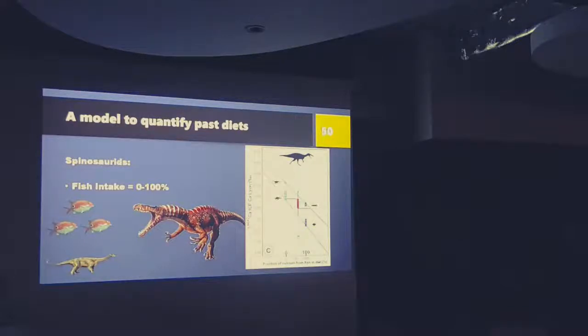When you have an isotopic composition that gives information that your animal was at least partially piscivore, this is equal to saying that it could also be 100% piscivore. So we can't make the split between these two hypotheses, but still that's good information to say that these spinosaurids were mostly piscivores.